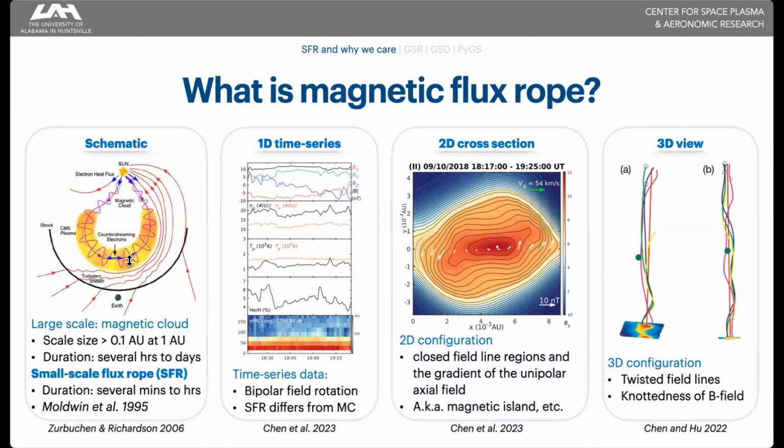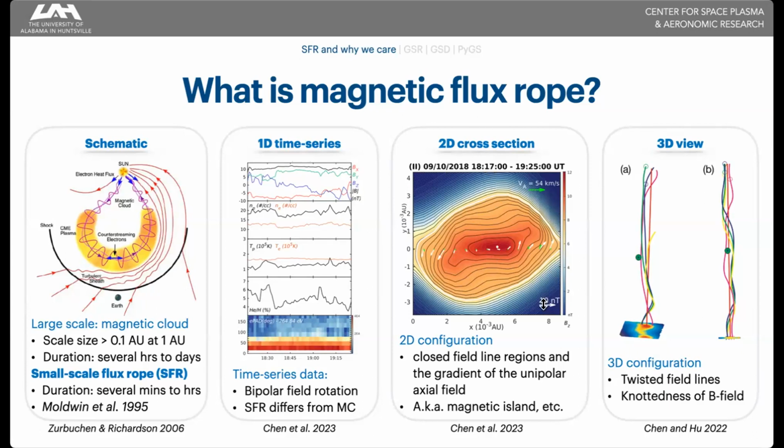For magnetic cloud, it often has counter-streaming electrons or bidirectional signatures on the EPAD panel. The situation for small flux rope is pretty complicated. Some events may also have this bidirectional electrons, while some only have unidirectional signature, just like this one. And some events don't have any significant changes on the EPAD.